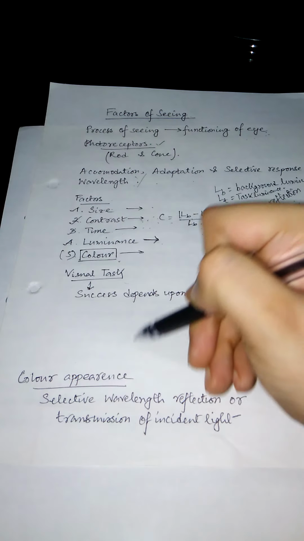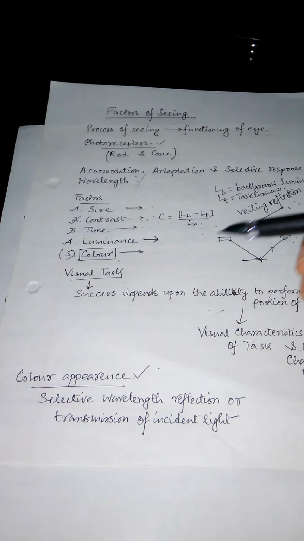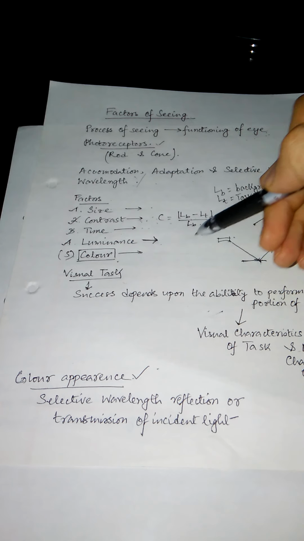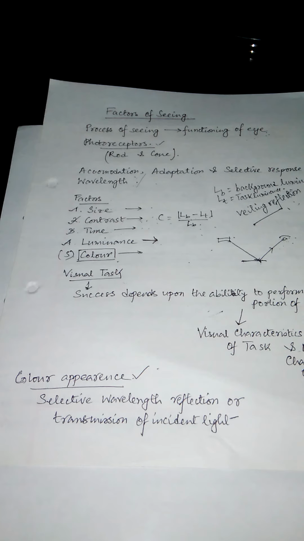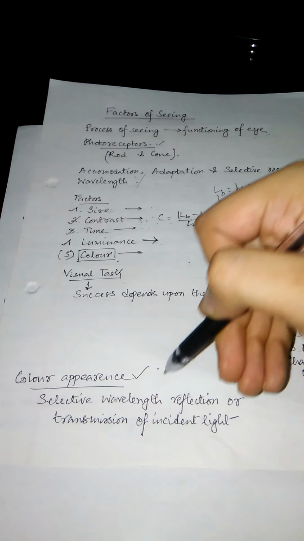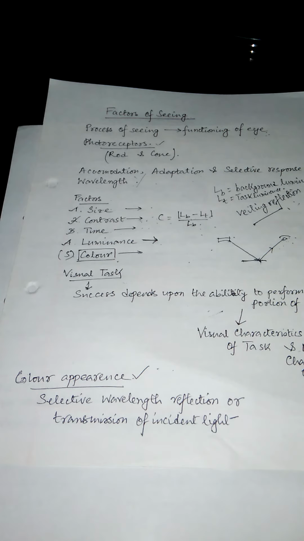Now the factor color. When we are considering color appearance, this is very much important. A particular person is going to say this is bright red, and another person comes and sees this particular object and says no, that is not so bright, that is less bright.